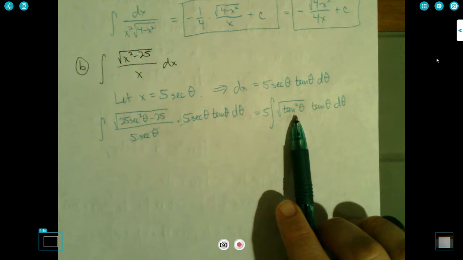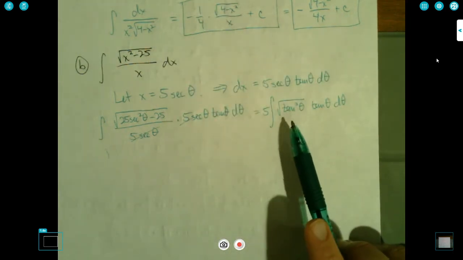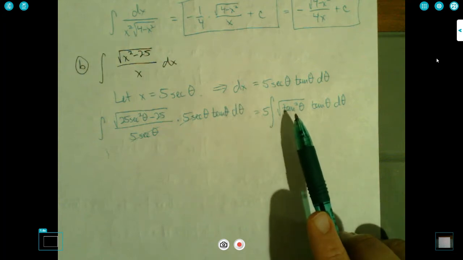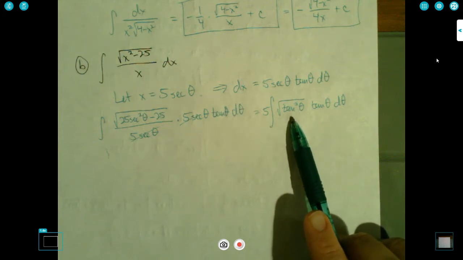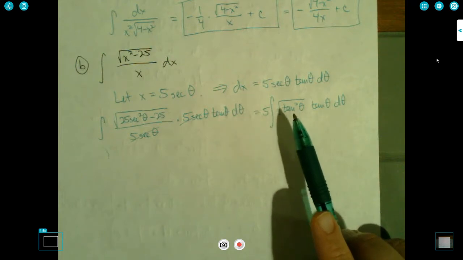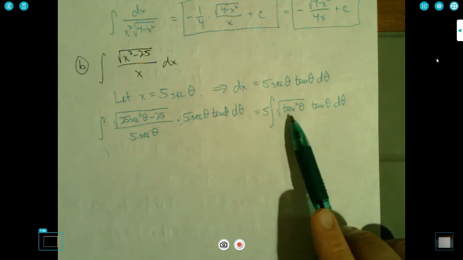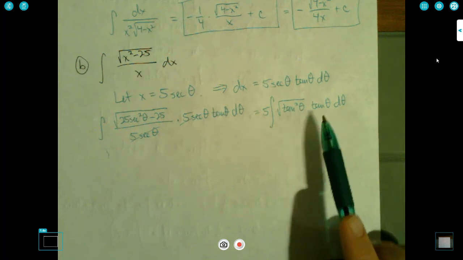But let's think about that. Maybe I should have been more careful on the previous one too, but we'll leave that for later. I mean, square root of tangent squared would be absolute value of tangent. If tangent's negative, then we'll get a positive times a negative, which would be a negative. If tangent's positive, then we get a positive times a positive, which would be positive.